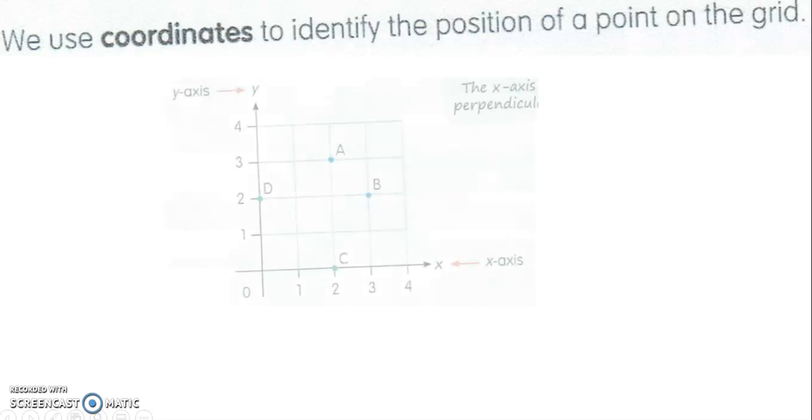So we use coordinates to identify the position of a point on the grid. To be able to identify any point and its position on a grid, we need to use coordinates.